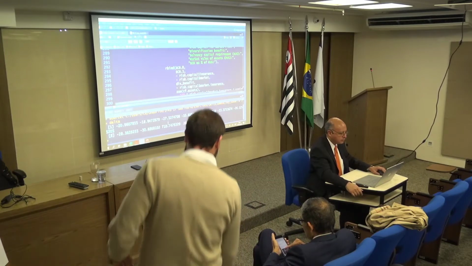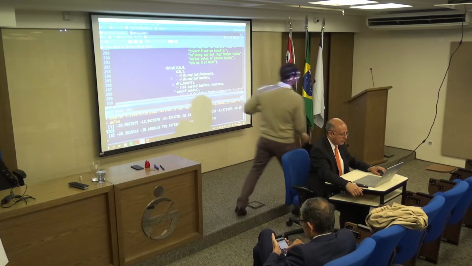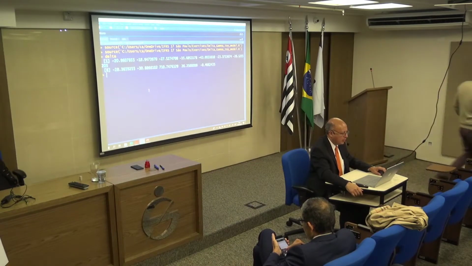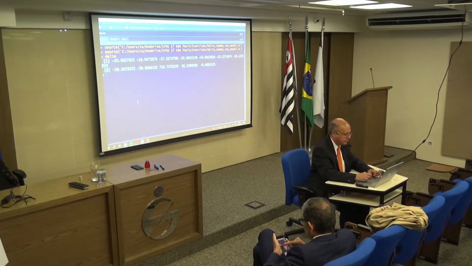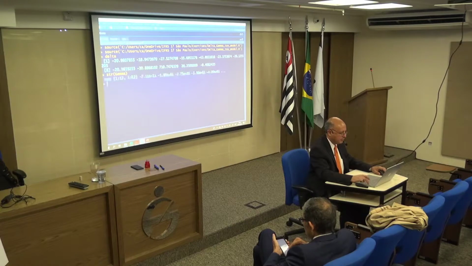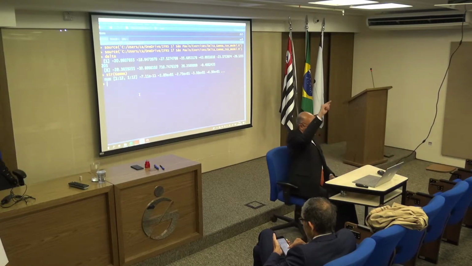I take this out. So here's the vector, right? And this vector corresponds to the Excel that I showed you. And then I have a gamma, the gamma matrix, which is 144 elements. So if I take the structure of the gamma matrix, then you see that it is 1 to 12, 1 to 12.